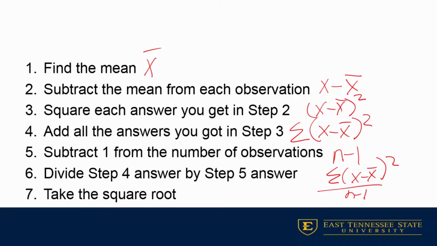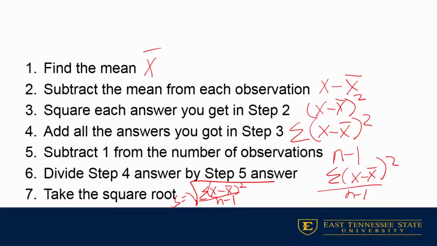Lastly, we're going to take the square root of that number we got in 6, which is the sum of x minus x bar squared divided by n minus 1. All of this is underneath that, and you're going to get your standard deviation. Again, this is using a sample. This is not using a population. We will be using sample sizes in here.